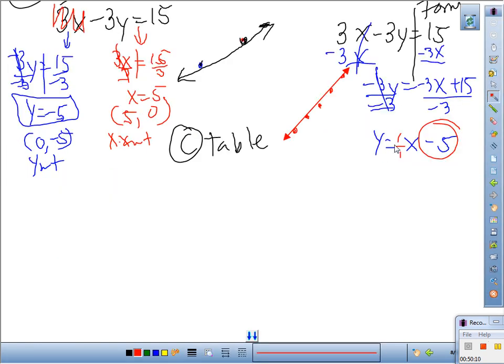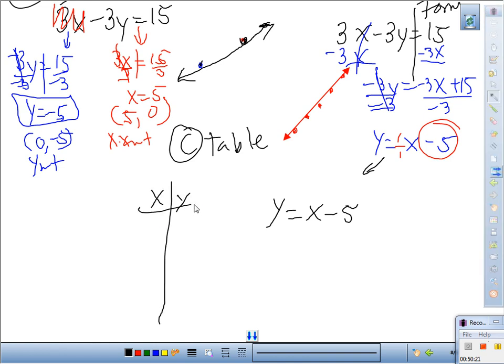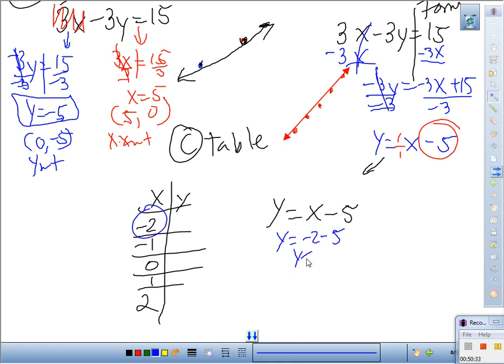And the last one using the table, what did I say? Since we already did the work for this one, you just rewrite this same equation, y equals x minus 5. Our table is x, y. The domain's the same: -2, -1, 0, 1, 2. My first value is -2, so y equals -2 minus 5. Y equals -7.